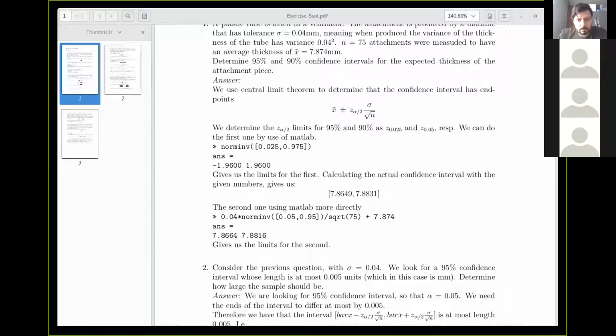Wrong window. Oh, this is the previous one.